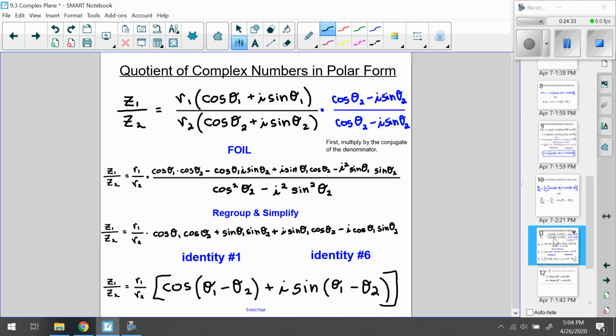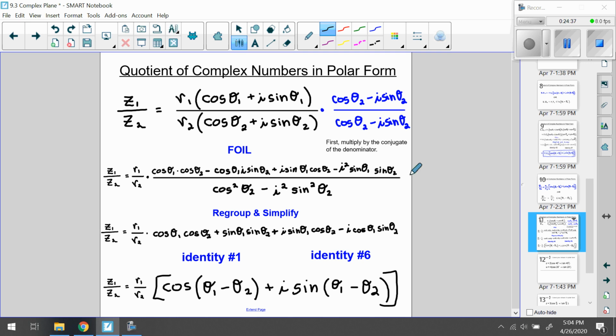So again, if you're interested, here is the proof as to why this works. This one starts off, again, you just take the one number and divide by the other, so z1 over z2, and you start by multiplying by the conjugate of the denominator. And so that would be cosine theta 2 minus I sine theta 2. So then you FOIL the bottom, FOIL the numerators, and you get this mess here.